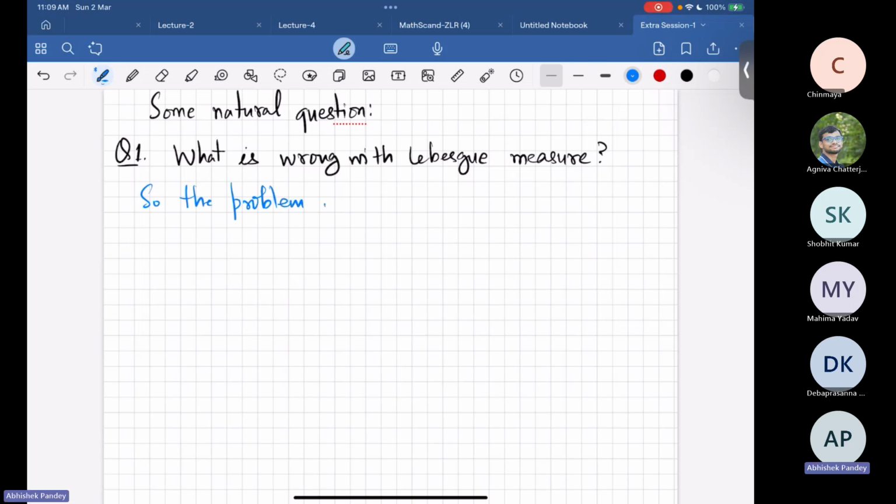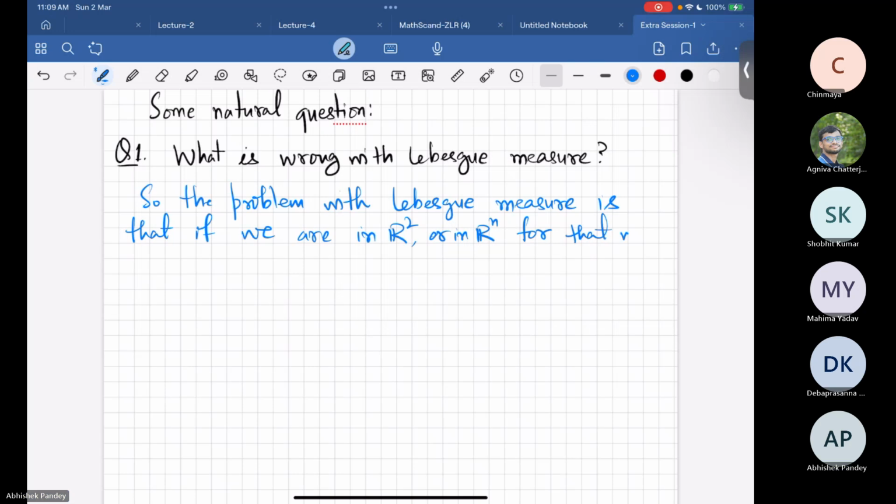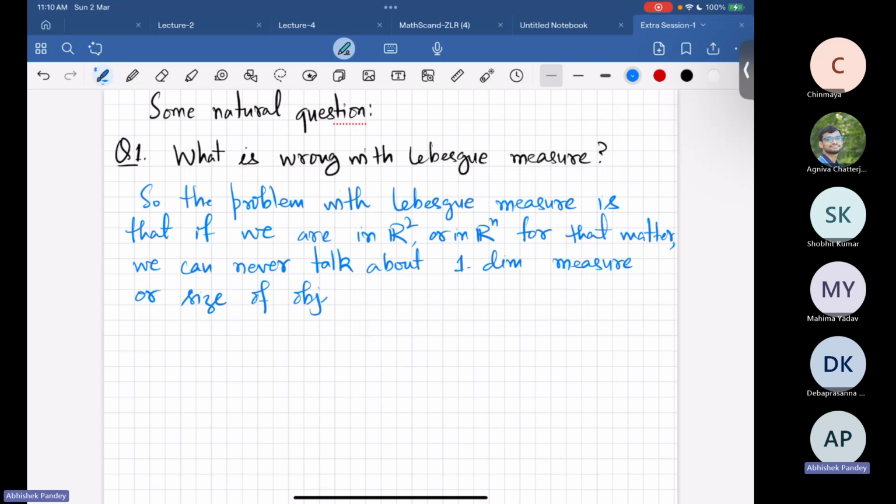The problem with Lebesgue measure is that if we are in R2 or, for that matter, let us say Rn, we can never talk about one-dimensional measure or size of an object using Lebesgue measure.